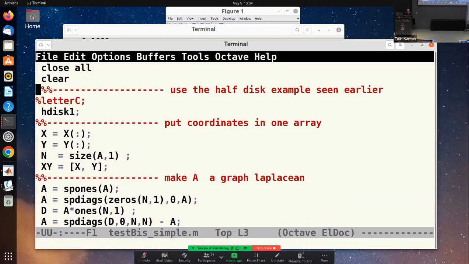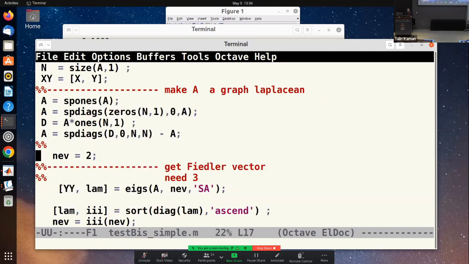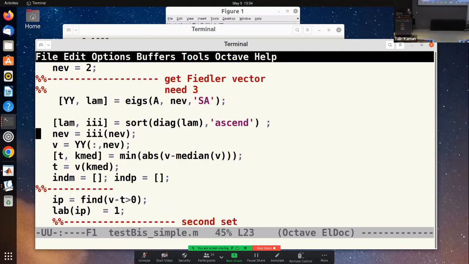What this does would be too long to explain. It's a small semicircle. You do a finite element assembly, you get a matrix, and then you look at the eigenvalues, and now we get the Fiedler vector. The second vector, associated with the eigenvalue lambda 2, is called the Fiedler vector. That's the one you use for partitioning.